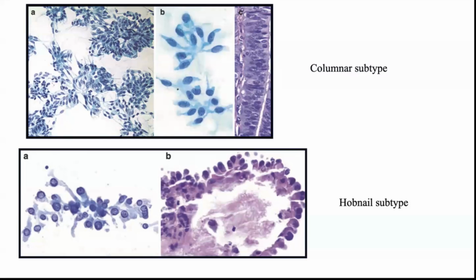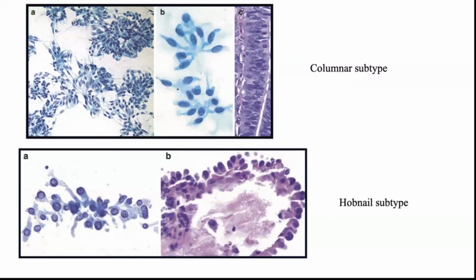At presentation, they are usually present in older males, just like tall cell variant. They are large and mostly are invasive. But these columnar subtypes can also be present in young patients. And when present in young patients, they are well circumscribed tumors.